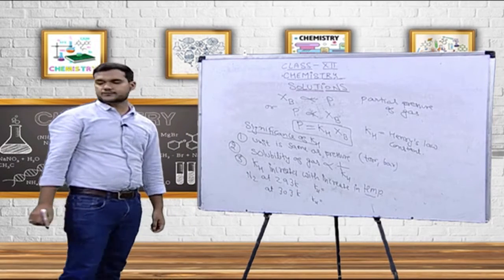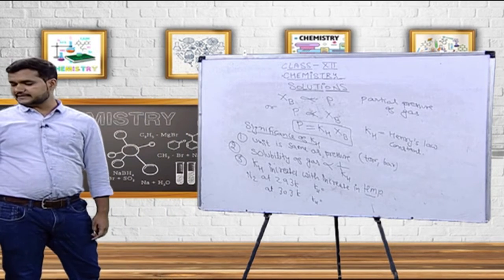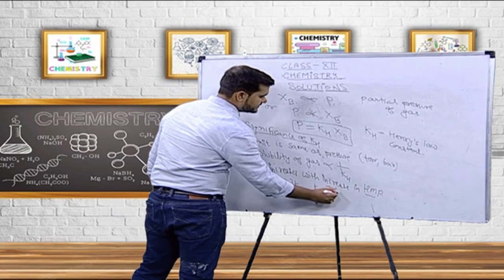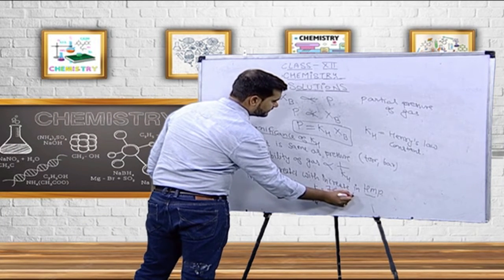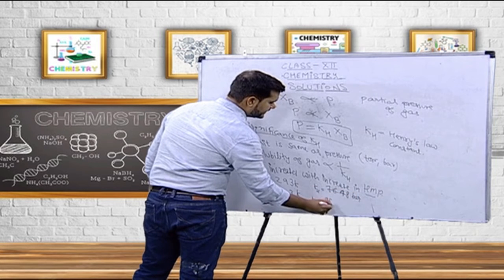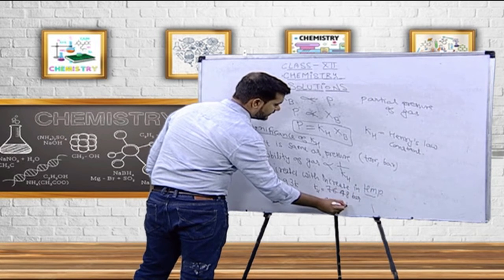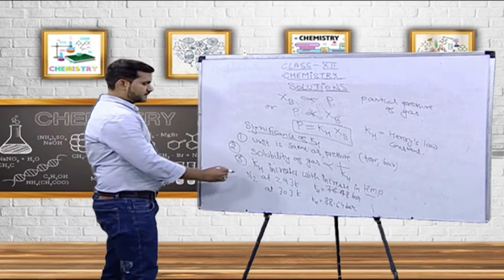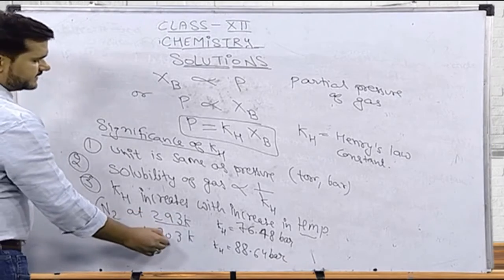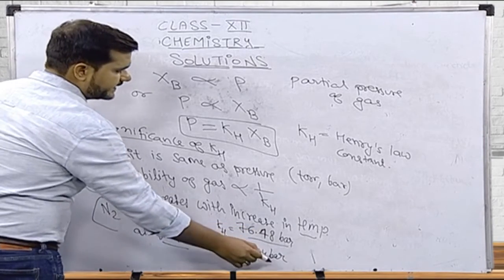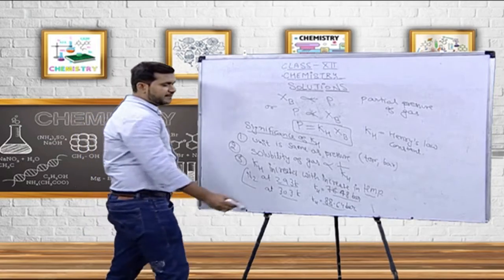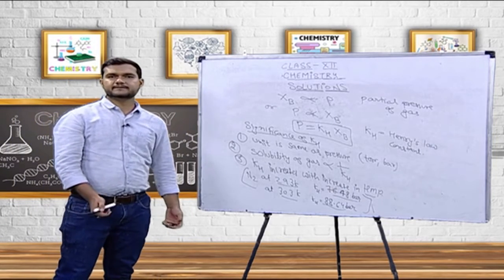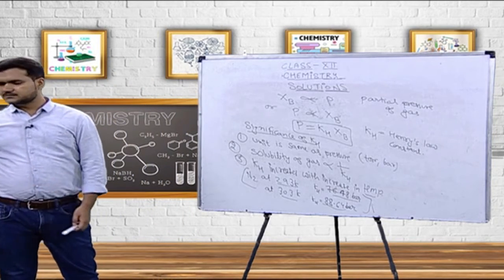For nitrogen, one is 76.48 bar and the other is 88.64 bar. So you can see as the temperature increased, the value of KH also increased, but the solubility will decrease here. I hope this much is clear to you.